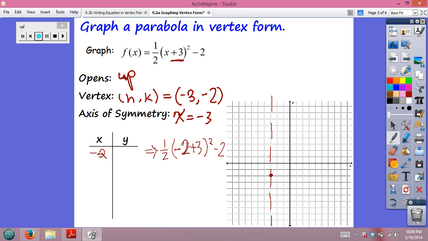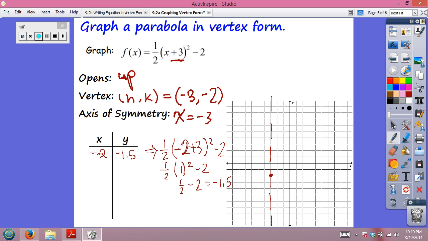Simplifying, we get 1/2 times 1 squared minus 2. 1 squared is just 1, and 1/2 times 1 is just 1/2. So we get 1/2 minus 2, and that equals -1.5. So our -2 gives us back a value of -1.5.